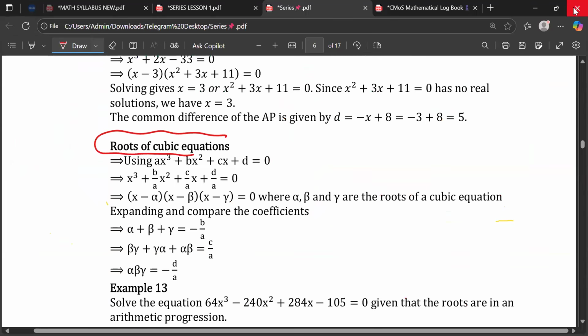So roots of cubic equations, this one is another topic, unknown series.